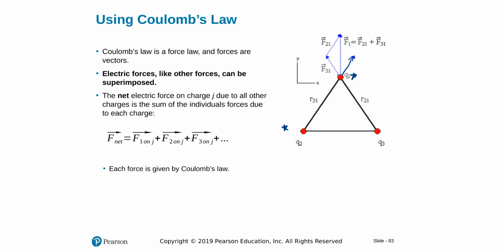In this picture, if we look at charge 1 and the forces applied to it by 2 and 3, assuming they're all positive, we see 2 pushes on 1. If I call this F2, we call it F2 on 1 in here, and 3 also pushes on 1.